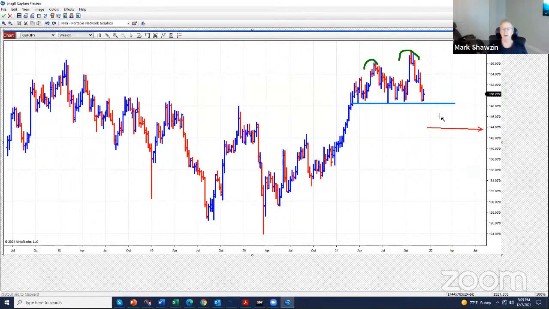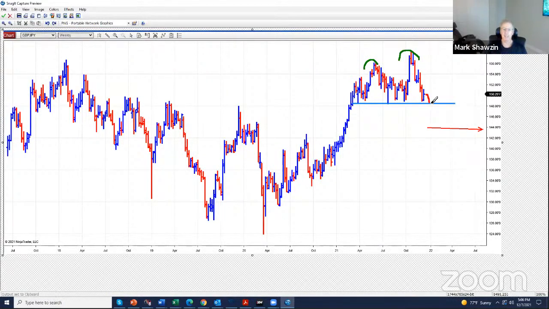So I put my take profit here, and then I look to see if I'm on the right track. Obviously, if the market starts going this way, then it didn't confirm what I thought was going to happen, and I go on to the next trade.